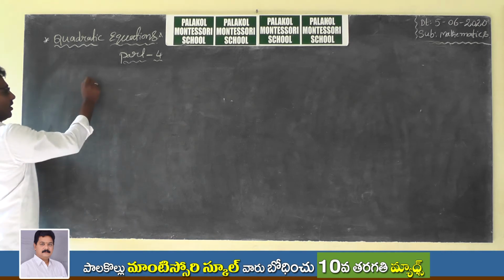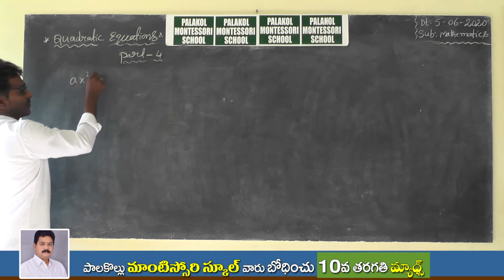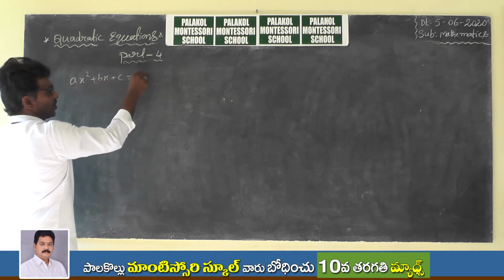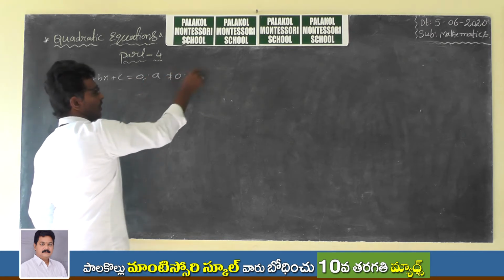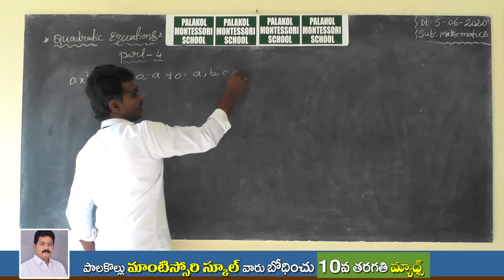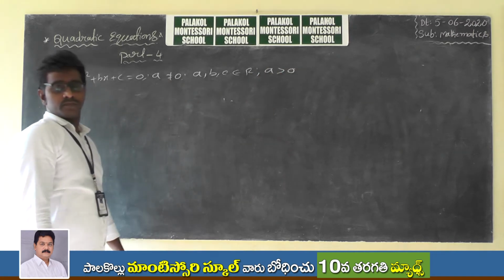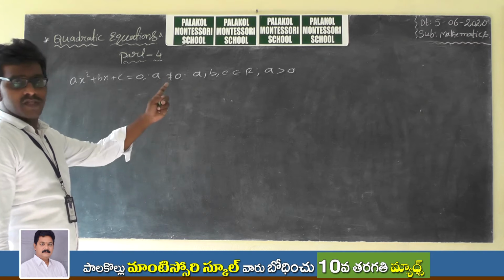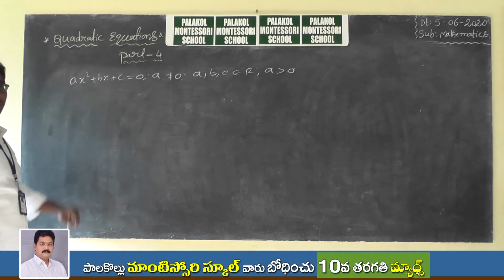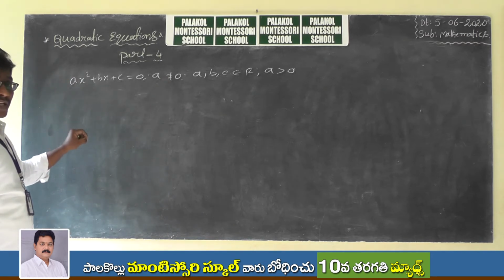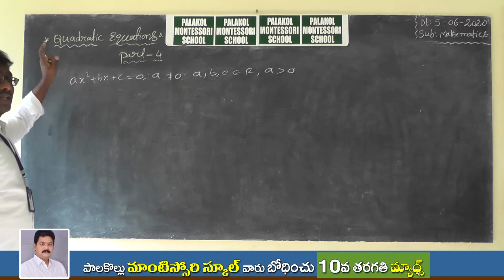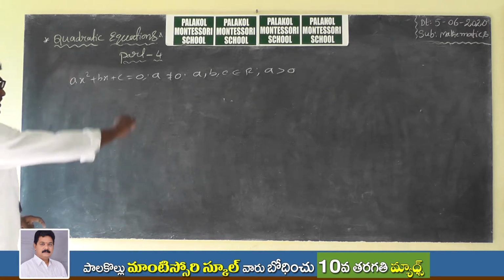Take ax square plus bx plus c equal to 0, a not equal to 0, a, b, c belong to R. Here a is greater than 0, that means taking positive values. In that situation, you draw the graph and its form, please see.